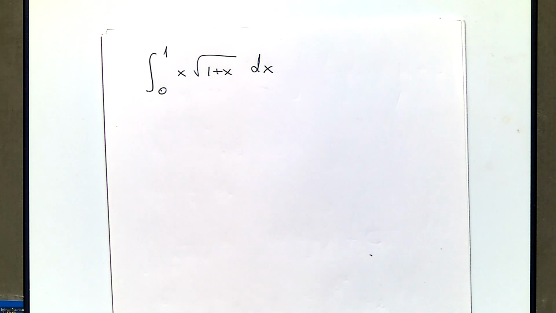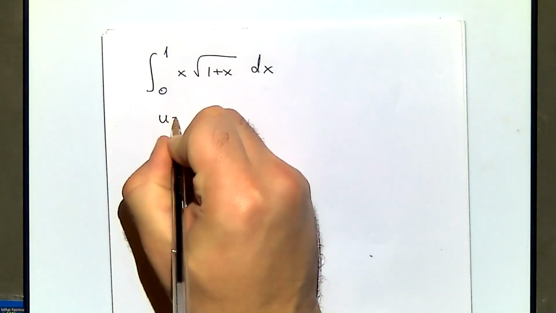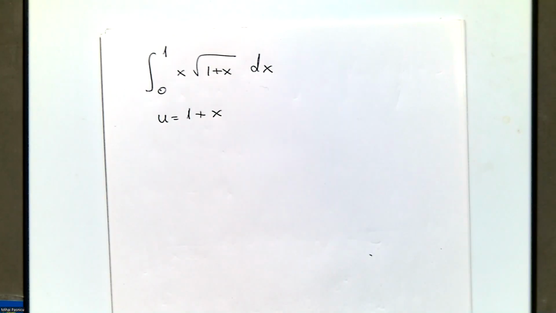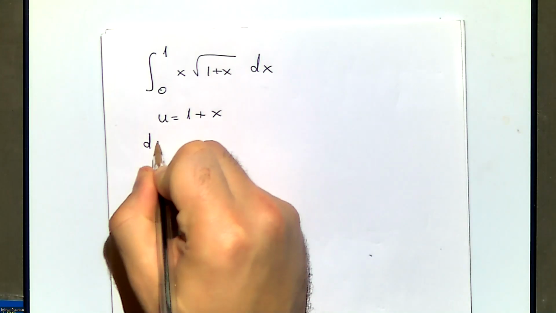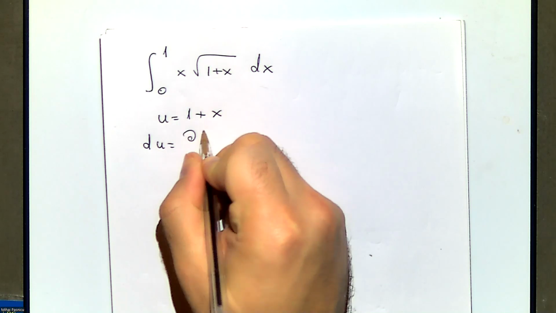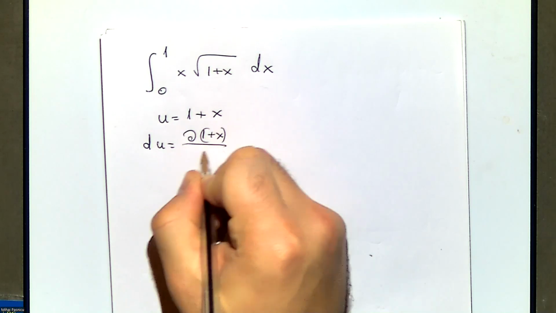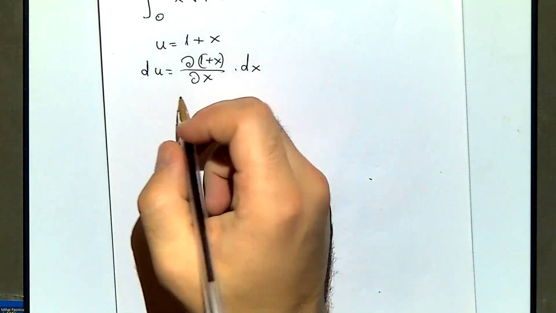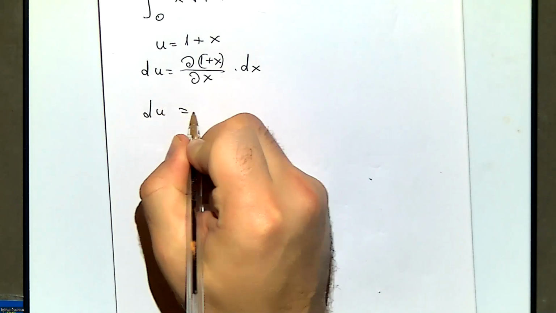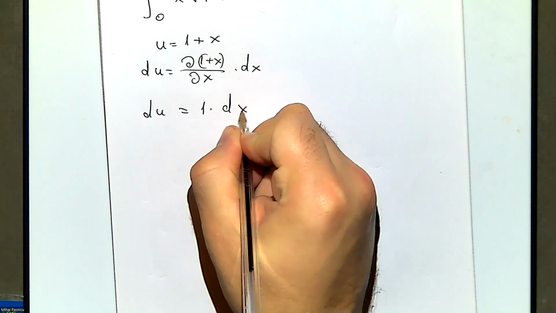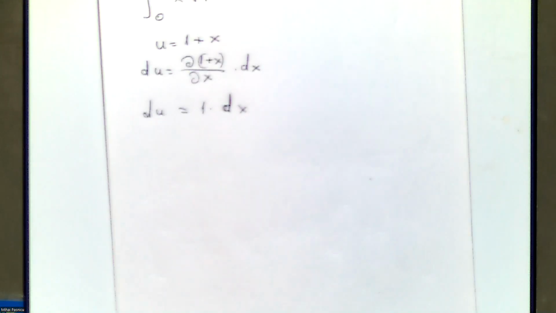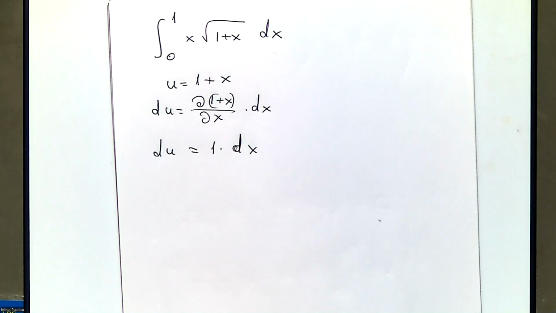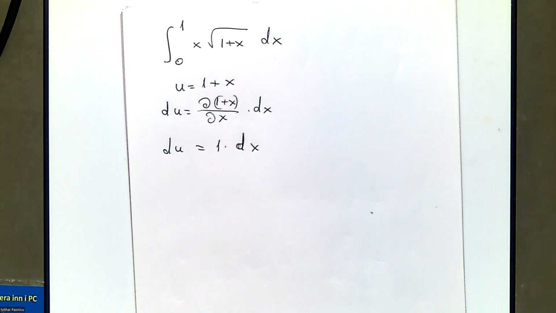So again, the whole idea is I'm just going to choose a u such that it's equal to 1 plus x. Then I'm just going to write du is equal to the derivative of 1 plus x, dx, times dx. So du is equal to 1 times dx. And now again, what's different is that I have to change the limits of integration.